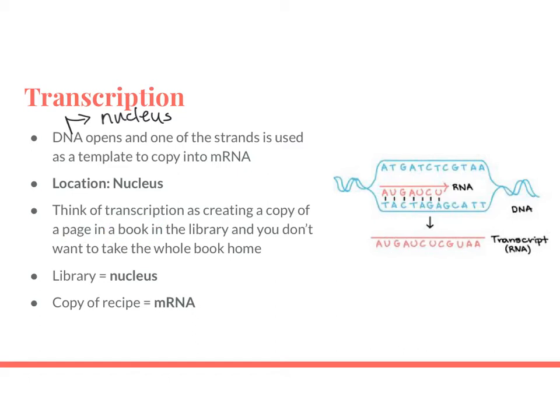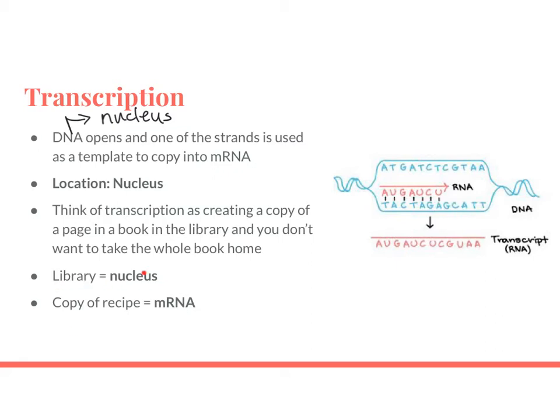So you go over to the copy machine, you make a copy. That copy is almost identical to the copy that's in the book, except it's on a different sheet of paper, right? So this copy of RNA is almost identical to the copy of DNA that you have in here. It's just slightly different because the U's are used, just like the page in the book versus the page that comes out of the copy machine.